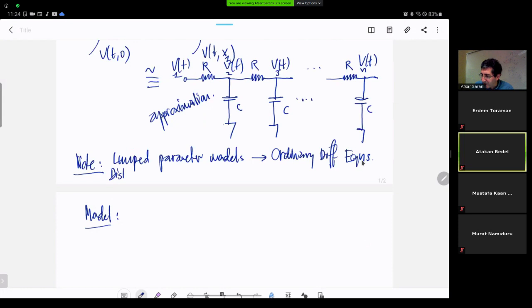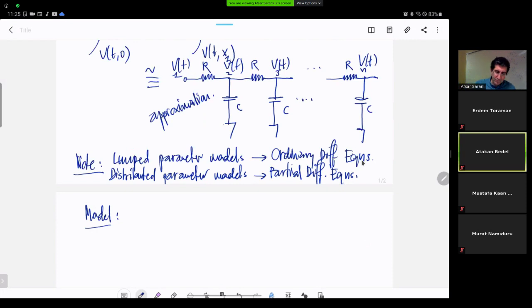Unfortunately, distributed parameter models originally result in partial differential equations, which are much more difficult to deal with. So originally, a distributed parameter model results in a partial differential equation, which can again be represented or approximated by an ordinary differential equation of much higher order.